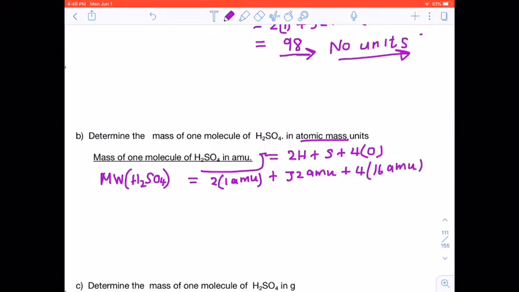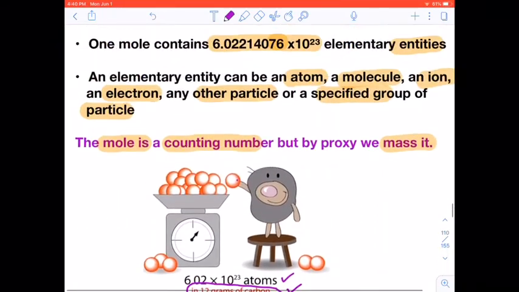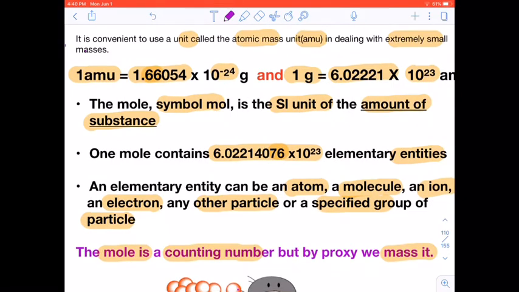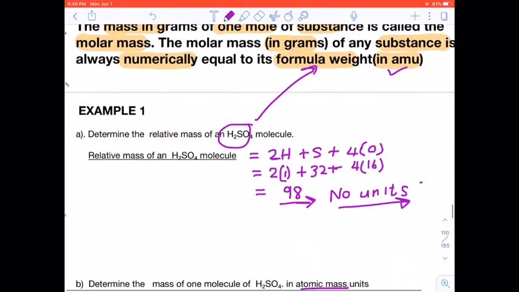I'm not giving it in relative terms, I'm giving it in atomic mass units, which means this is 98 atomic mass units. So the mass of one molecule of H2SO4 is 98 atomic mass units. We know an atomic mass unit is equal to this value here, and if I want to express it in grams, I have to multiply by that particular factor.